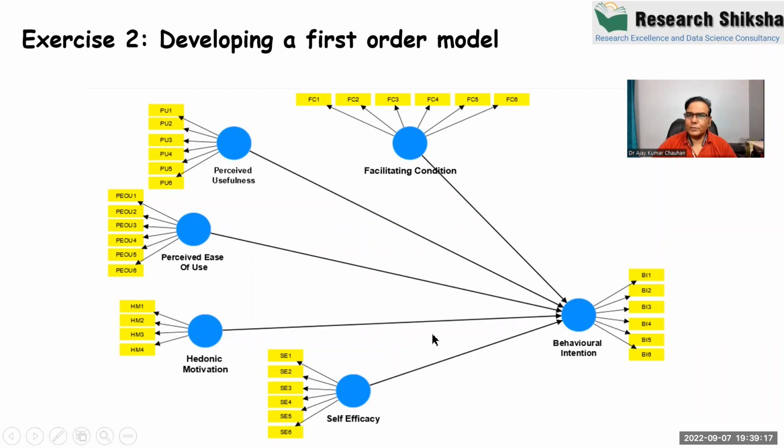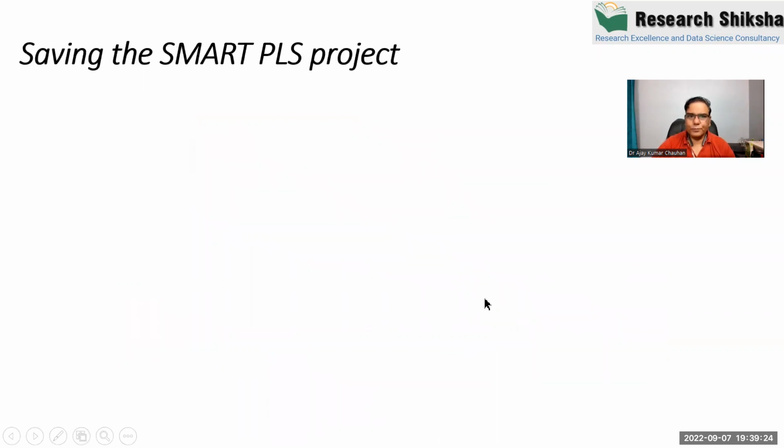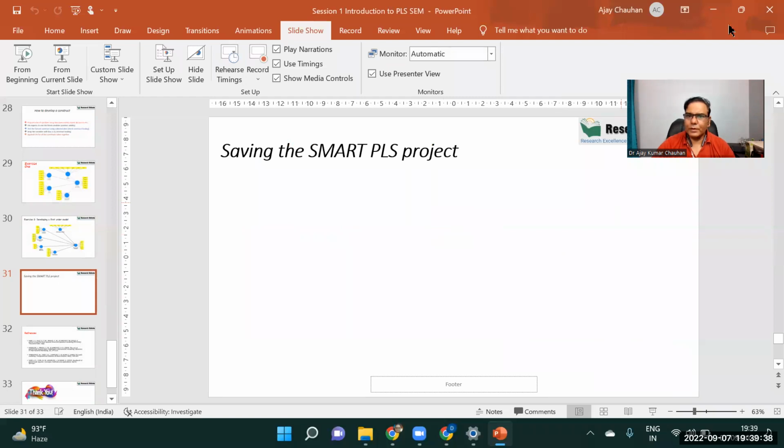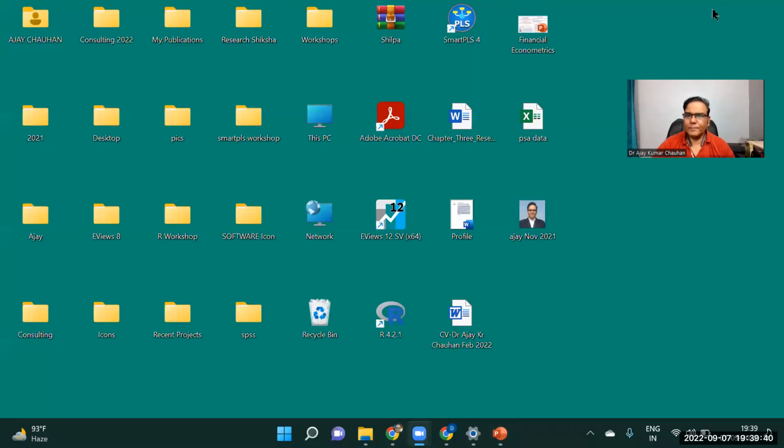So I will show how to make this model using SmartPLS. And after that I will also tell you how to save this SmartPLS project so that you can share this project with anybody else. So these two exercises we are going to do. Let's see one by one.